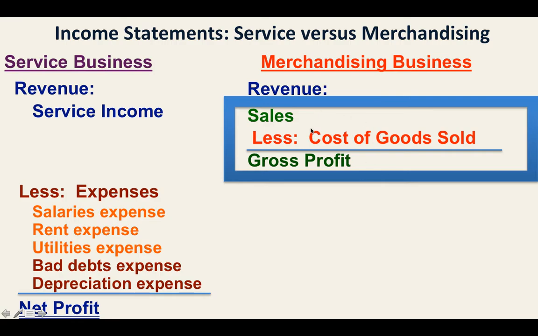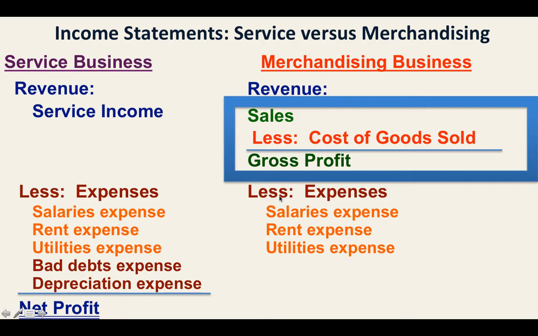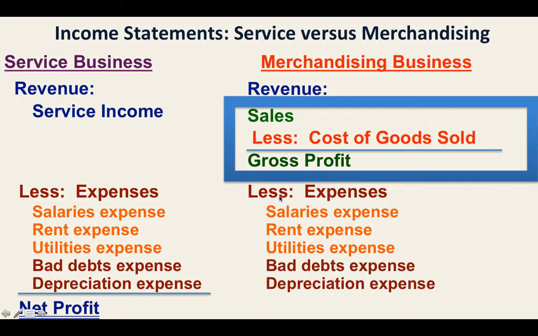Okay? So this is the basic difference between service income and merchandising. Okay, class? And from gross profit, we will deduct expenses. So you will deduct salaries, rent, utilities, bad debts, and other expenses. And the total expenses will be deducted from gross profit, and that will give you your net profit or net income or net loss.